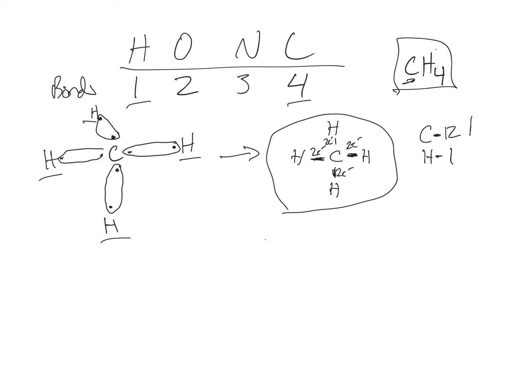They're actually measured in AMUs, but we're not going to really refer to it in that manner because it's not super important for us in this class. But if you have 4 hydrogens, you basically multiply that value by 4. That's why I've drawn 4 of them here on the right side. And then we total that up: 12 plus 1 plus 1 plus 1 plus 1, so we get 16. So methane has a mass of 16.